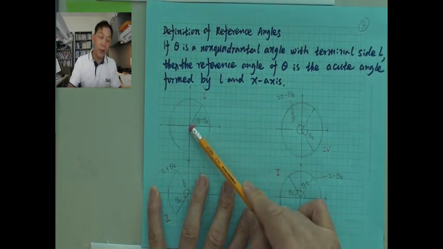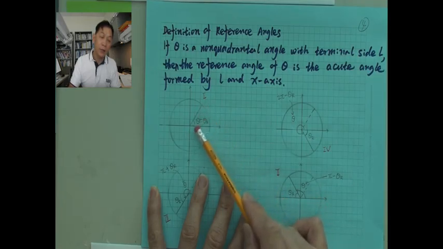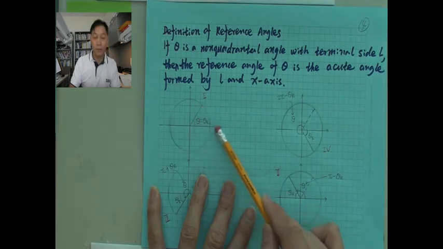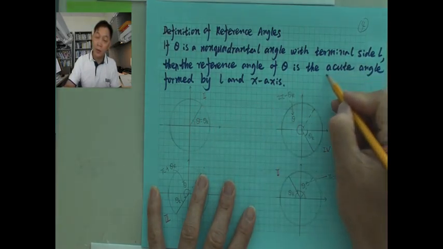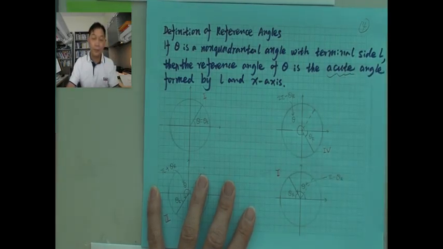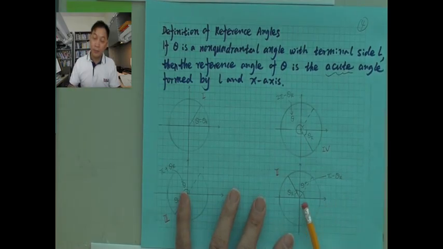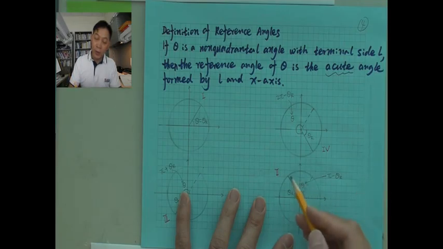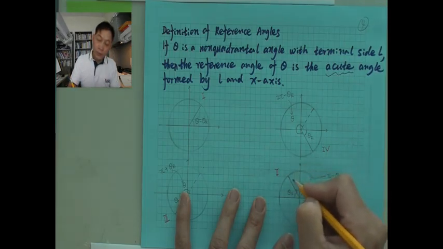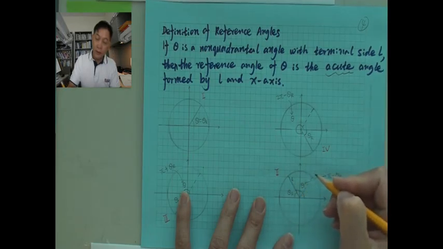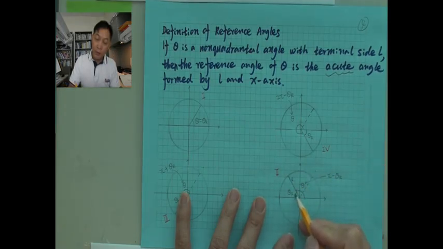You see, if L is right here, then the reference angle is simply this one, because it is between L and x. And it has to be an acute angle, so less than 90 degrees. If the terminal side is in the second quadrant, then the acute angle between L and x would be this one.